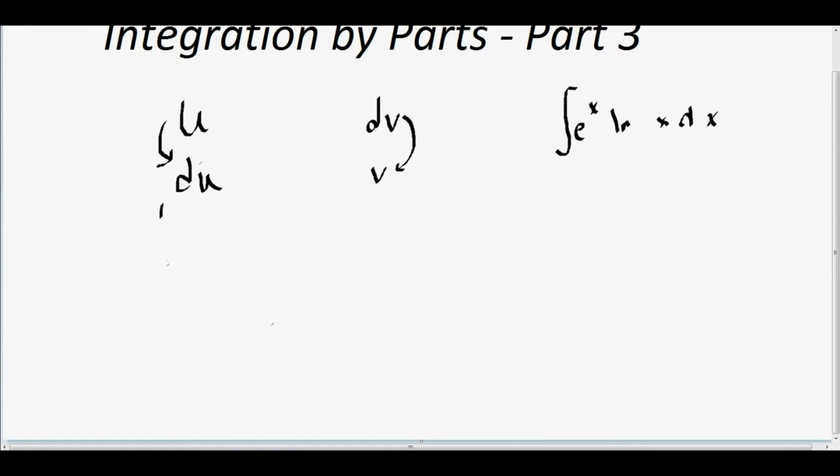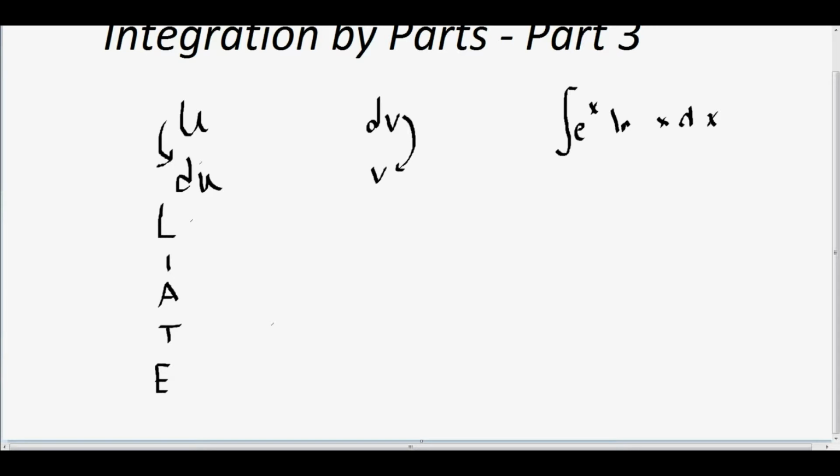There's also a mnemonic device that a lot of people use called LIATE, which helps you pick your u. I'll just go through what each thing stands for.